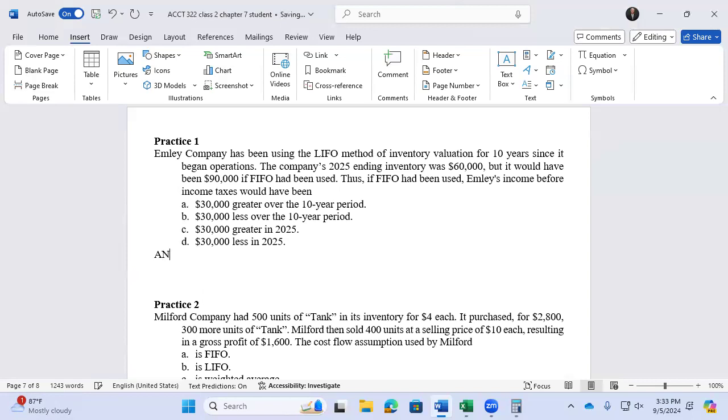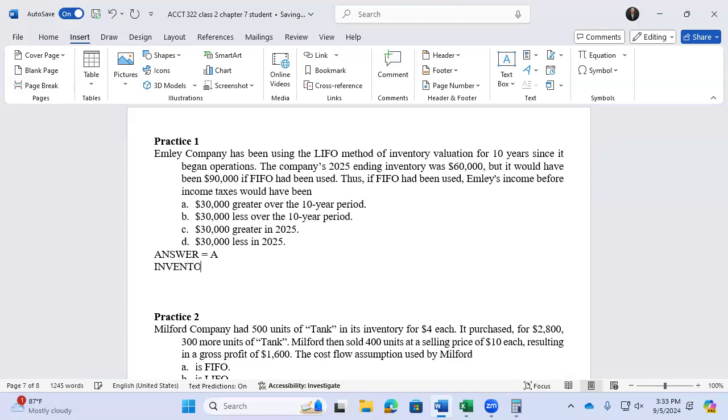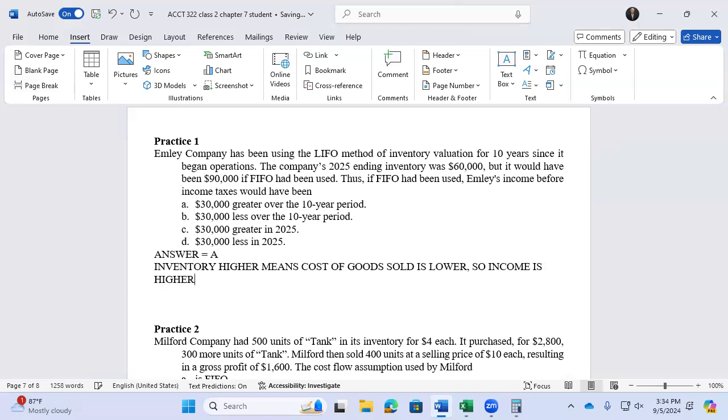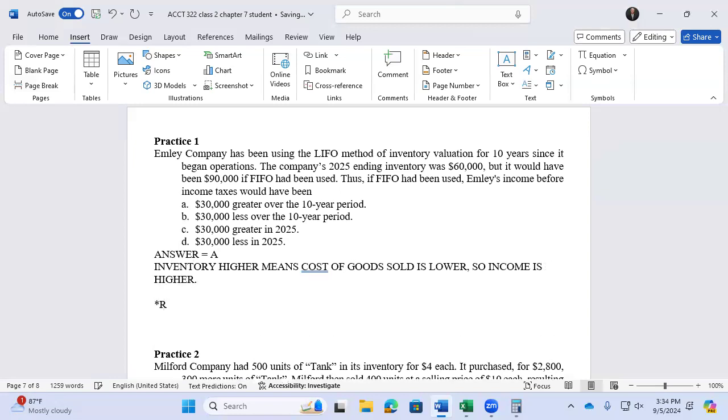And so the answer equals A. Little reminder: when costs are going up, FIFO gives a higher net income.